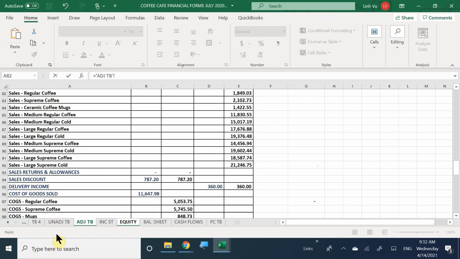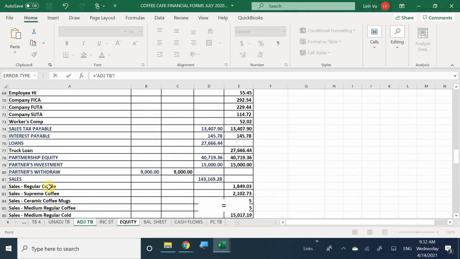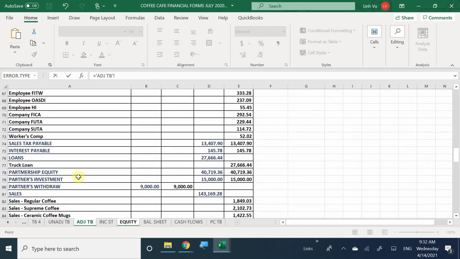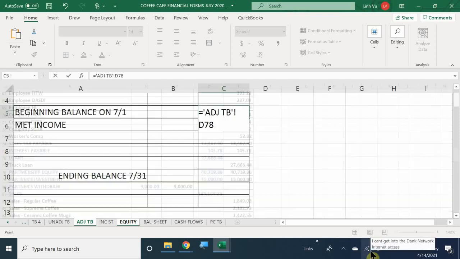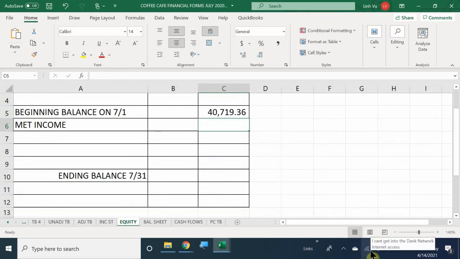If you remember from the previous month for Coffee Cafe, it should be that 40,000 and I think it's like 128 or something. Okay, so I'm gonna locate that. Here, equity should be, oh, there it is, 47,1836. That should have been your beginning balance.